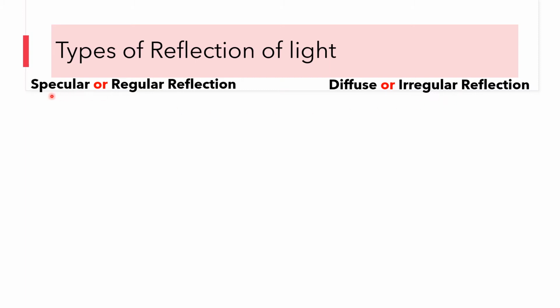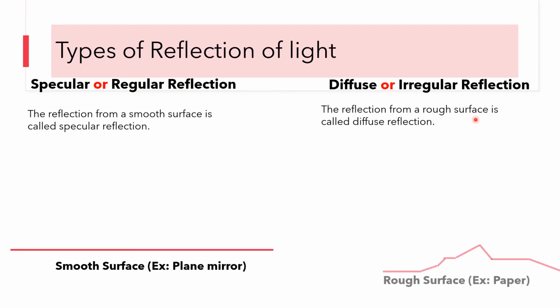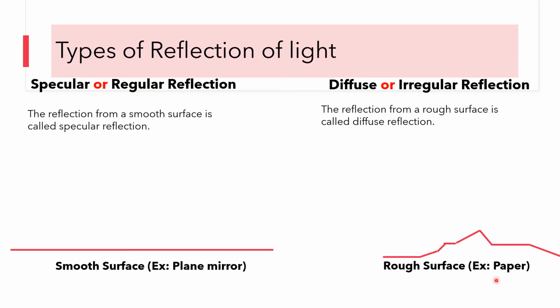The specular reflection of light takes place from a smooth surface, for example a plane mirror, whereas the diffuse reflection takes place from a rough surface, for example the surface of a sheet of paper or the surface of a wall.